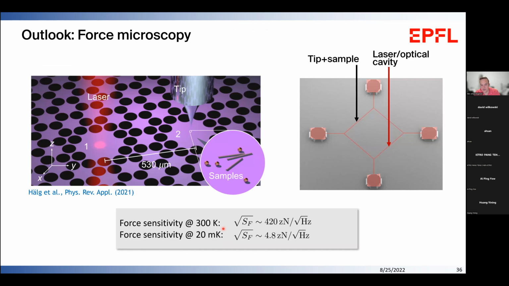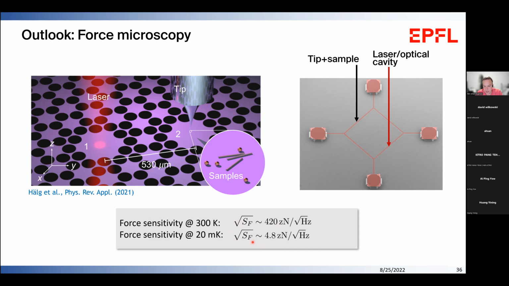So as an outlook, I want to just briefly mention a couple of applications that I think are interesting. We have made these polygon devices that have extremely high quality factors and therefore very low force sensitivity.